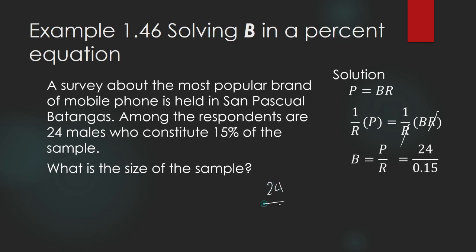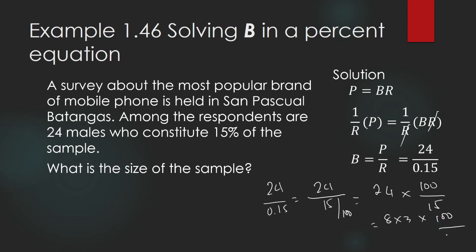So 24 over 0.15 is the same as 24 divided by 15 over 100. And so you can write this as 24 times 100 divided by 15. 24 is equal to 8 times 3, then times 100, and 15 is equal to 3 times 5.